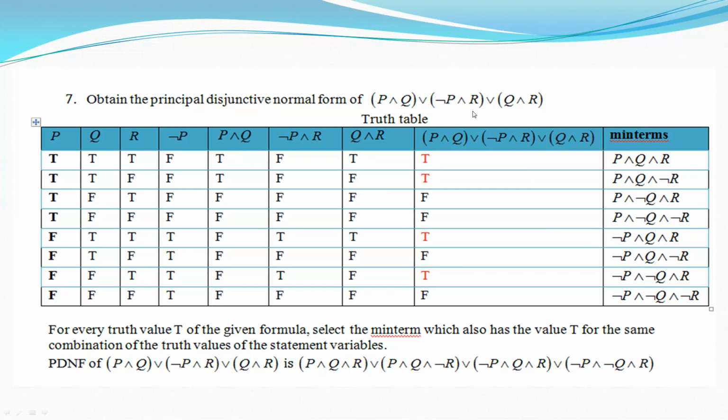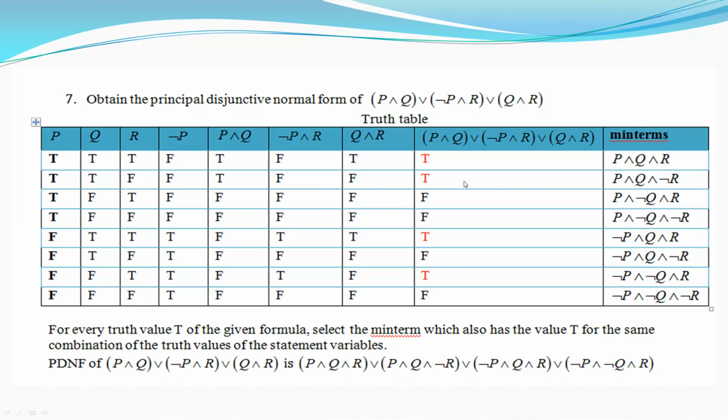To find PDNF, principal disjunctive normal form, or PCNF, principal conjunctive normal form, whatever it may be, you have to form the truth table. Basically, we have three variables, so we have 8 combinations of P, Q, R. According to the previous method, you have to construct the truth table.